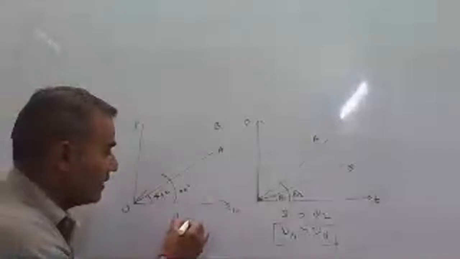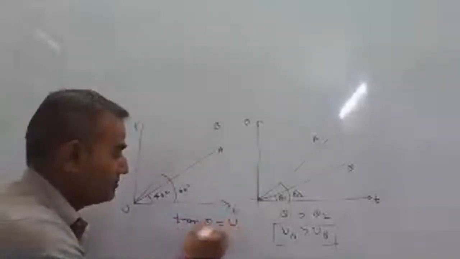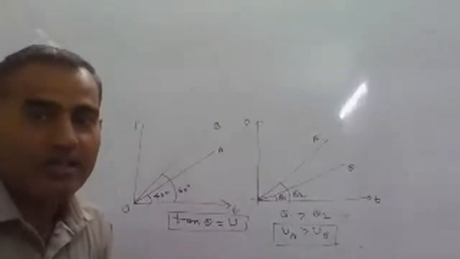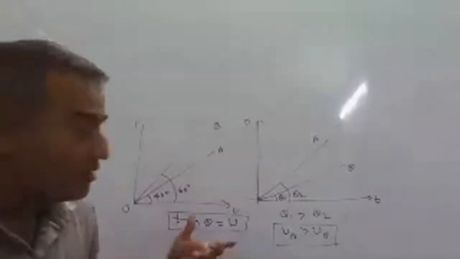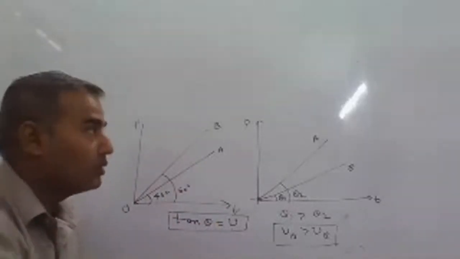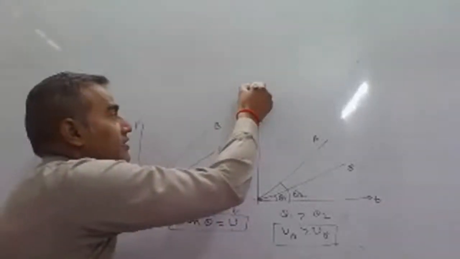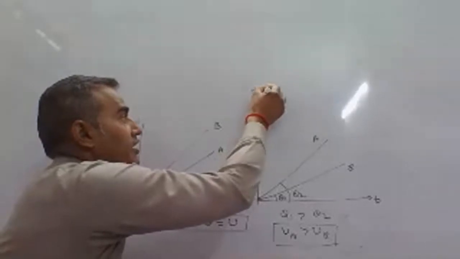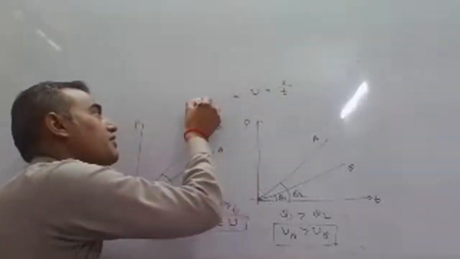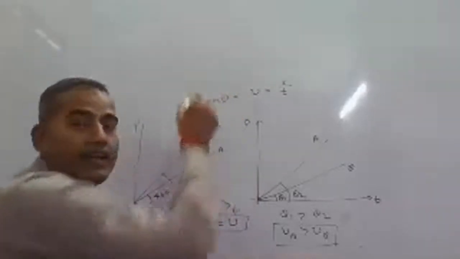And tan theta equals V. This is the formula to get the velocity of any body from the graph. Tan theta equals V, and you can also write V equals S by T, and this is equal to tan theta.